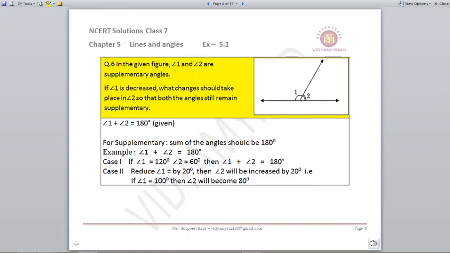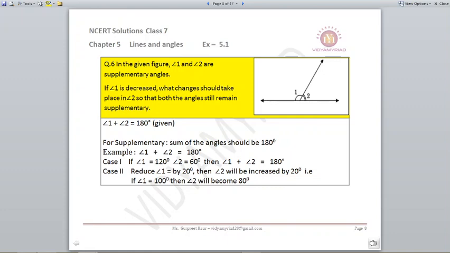Here, as per the question, we have angle 1 plus angle 2 is 180, and suppose I take an example. Angle 1 is 120 and angle 2 is 60 degrees. So 120 plus 60 is 180 degrees. Now suppose I reduce angle 1 by 20 degrees, it means angle 2 will be increased by 20 degrees.